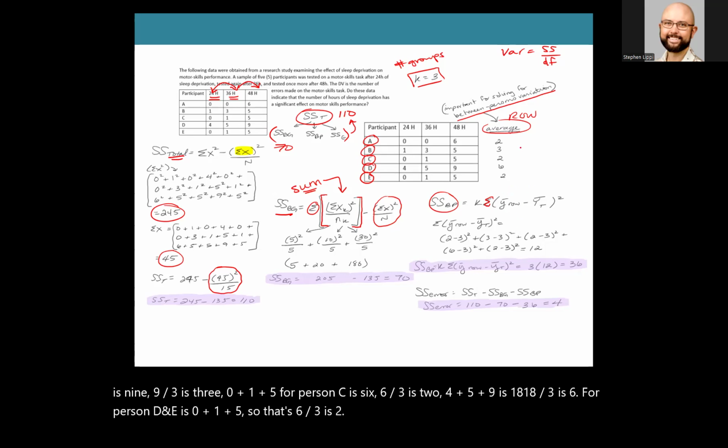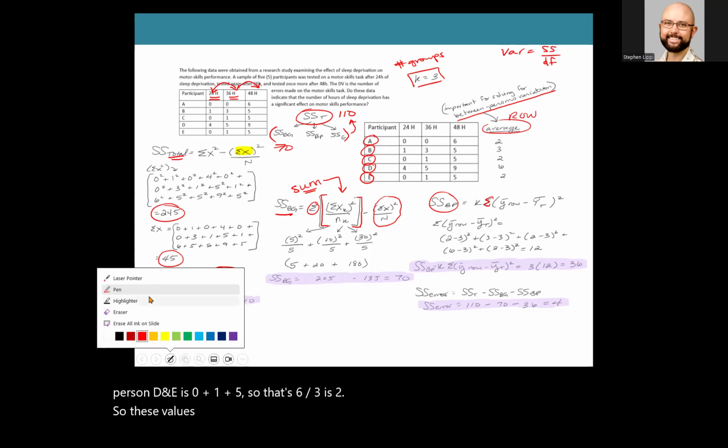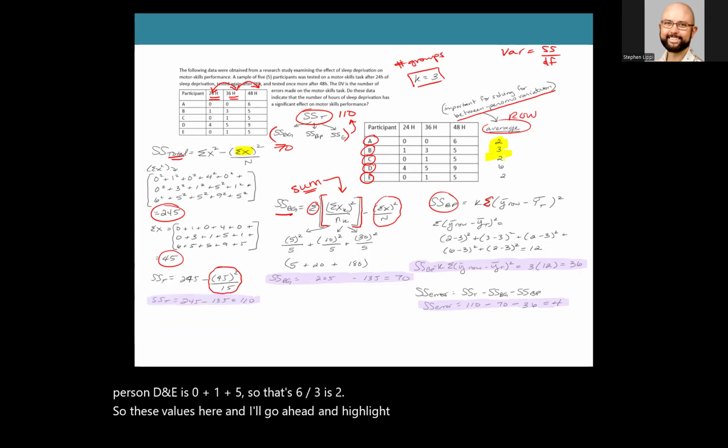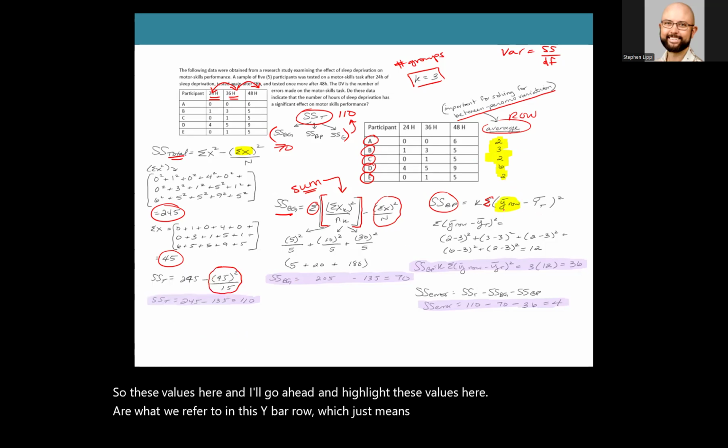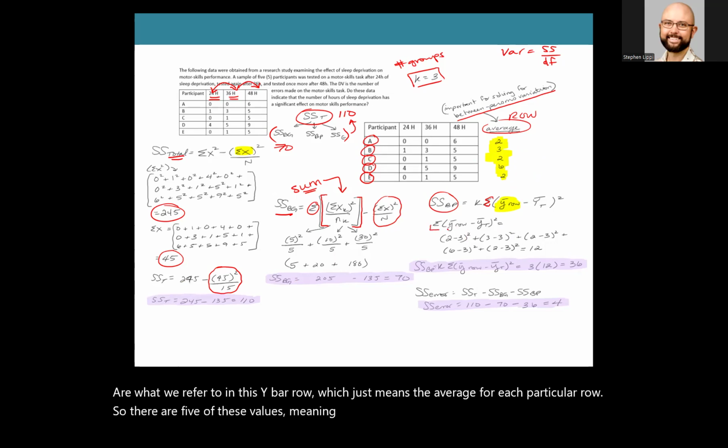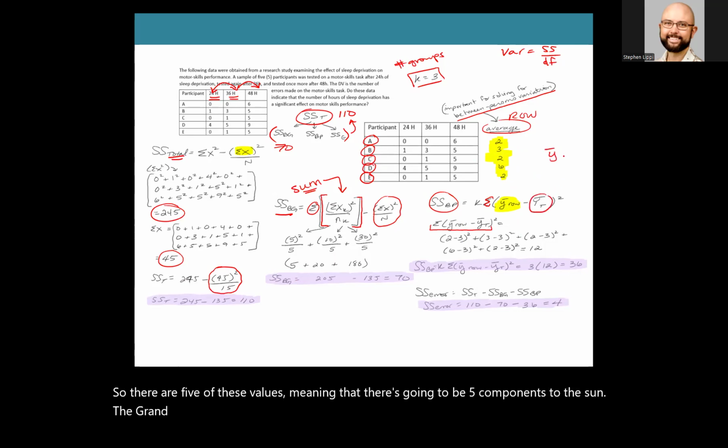So these values here, and I'll go ahead and highlight these values here, are what we refer to as Y bar row, which just means the average for each particular row. So there are 5 of these values, meaning that there's going to be 5 components to the sum. The grand total, Y bar T, just stands for the mean of the Y values, with the T subscript meaning the total average.